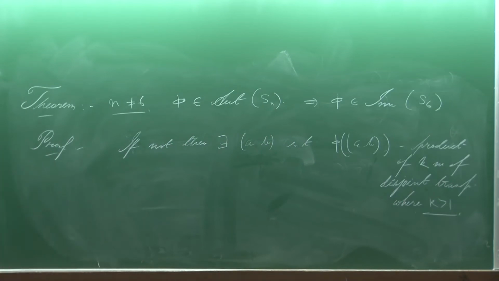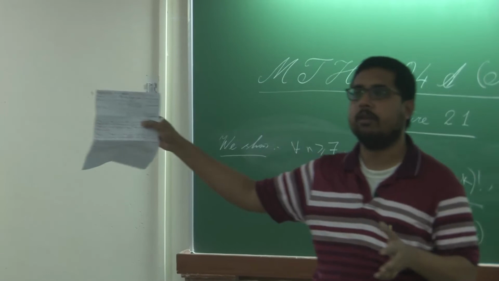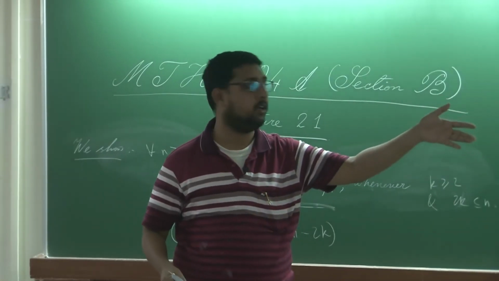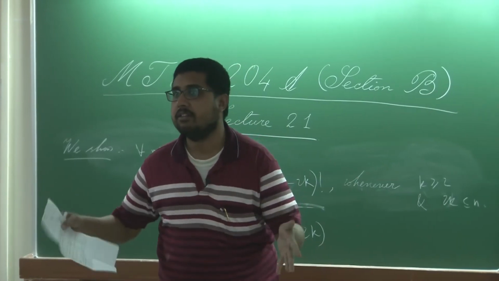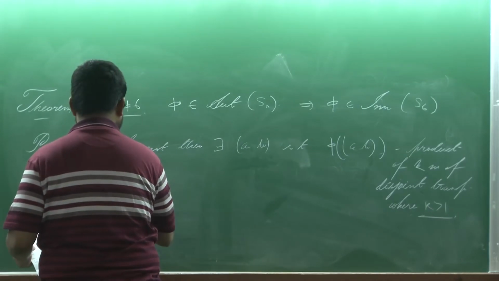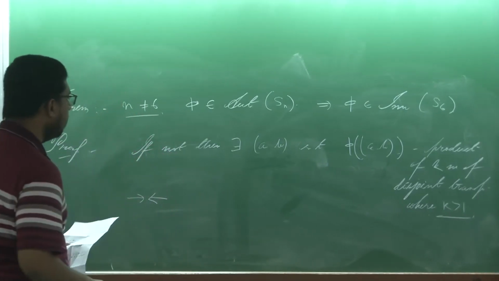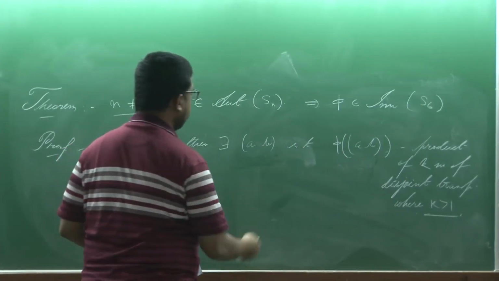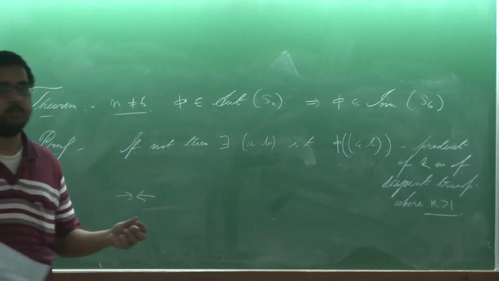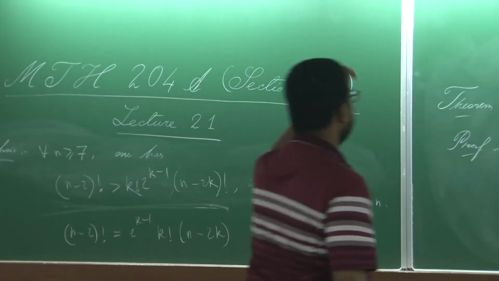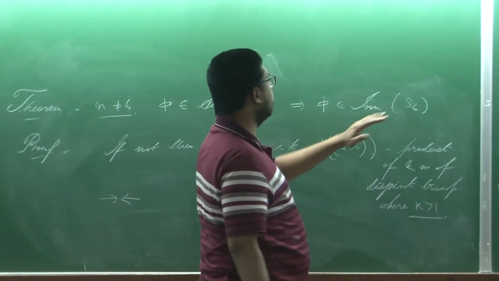But just now we have proved this is not possible because they have different sizes. So this is a contradiction. Hence, this has to be a transposition. This contradiction shows that every transposition must go to some transposition by phi. So, in view of the previous proposition, it proves this is inner.